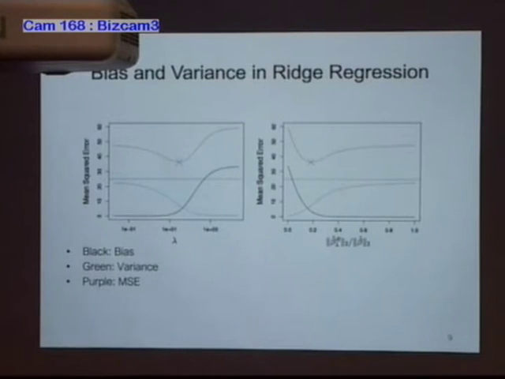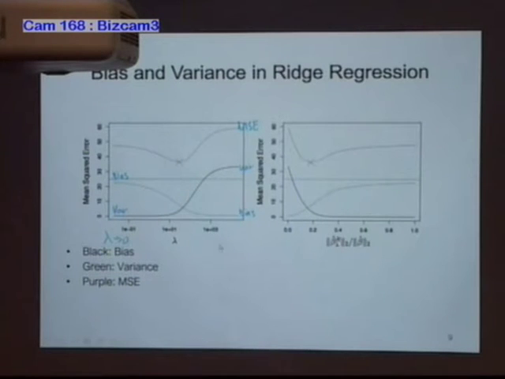So let's see, how do we find lambda? This is the picture we have just seen in the example. We are sliding left and right, trying different lambdas. Then we will have the mean squared error somewhere. This is lambda goes to 0, which is high variance, low bias. This other end is high bias, low variance. Our hope is that by sliding around, we should be able to find an optimal point that is better than the two extremes.